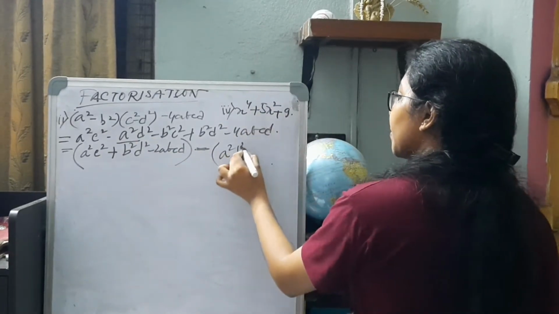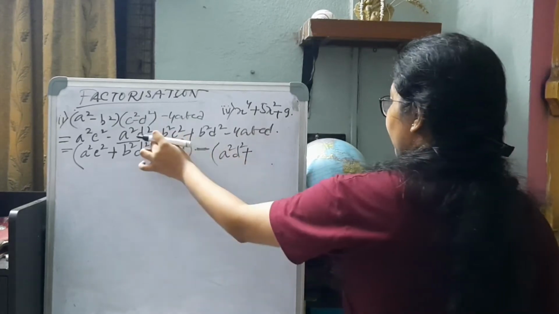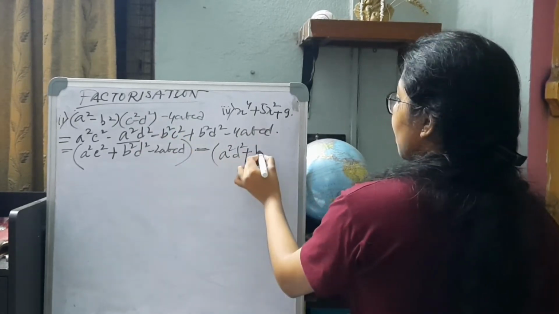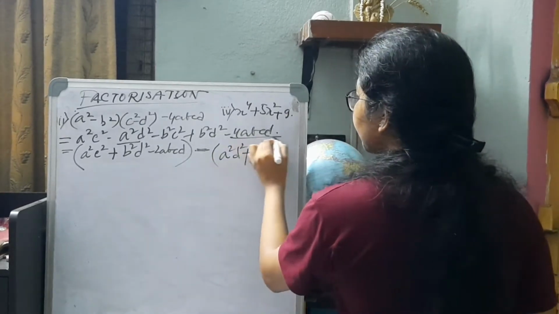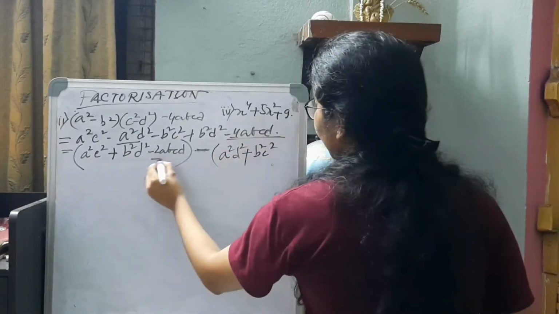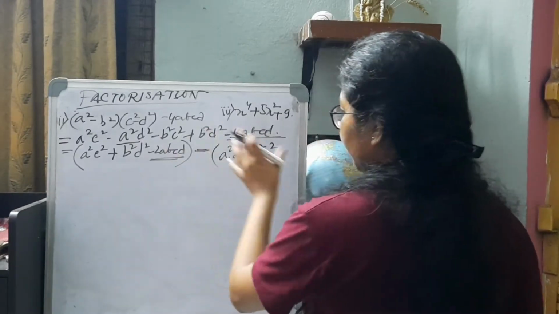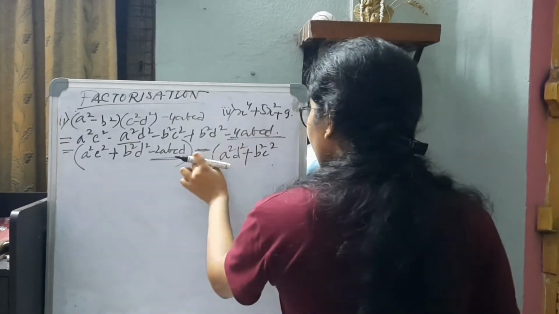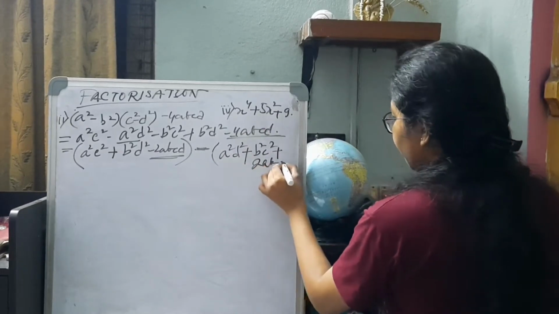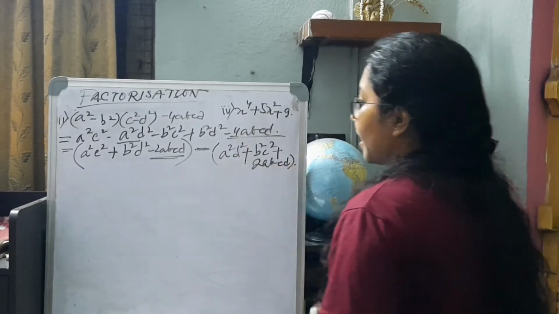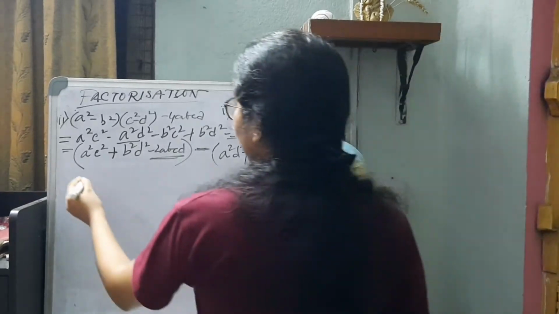Now I have actually split up this 4abcd into two parts, 2abcd and 2abcd. Because here is already a minus sign, this one will be plus 2abcd. So I hope you have understood this splitting and the question becomes very easy now.